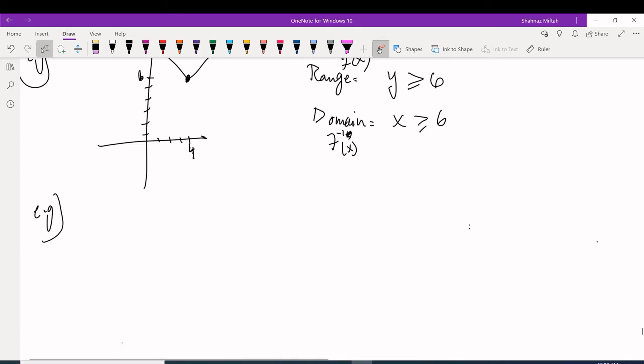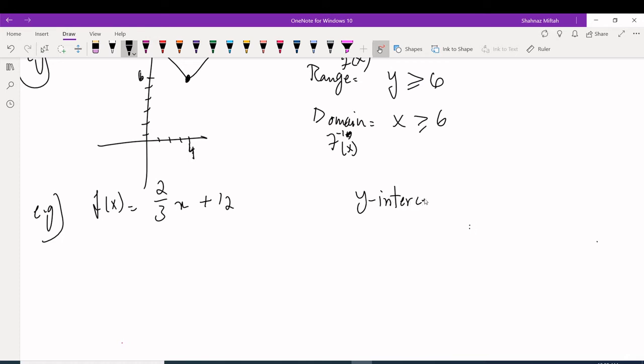Okay, another example. I have f of x equal 2/3 x plus 12, and the question is asking what is the y-intercept of f inverse x.